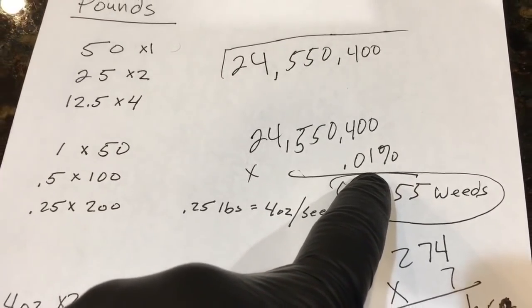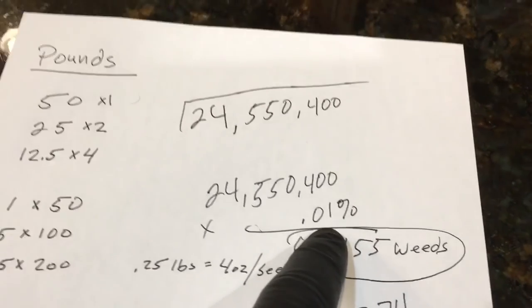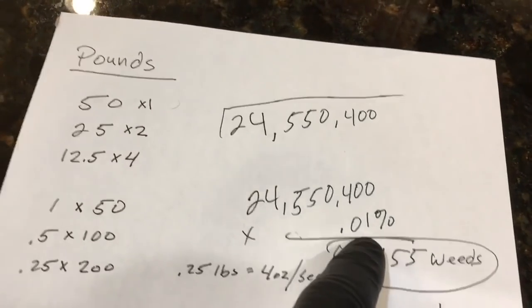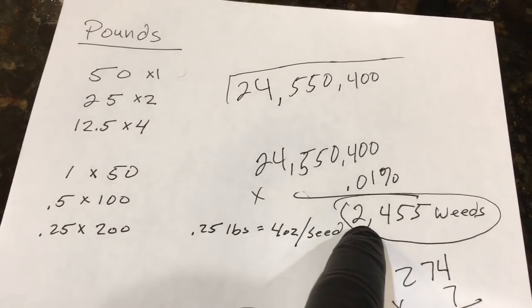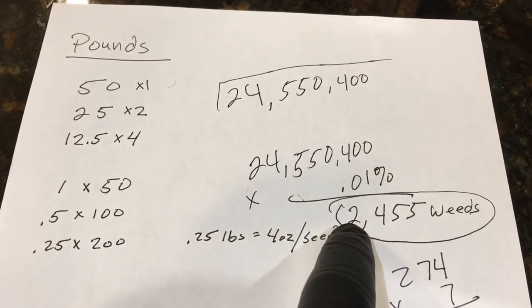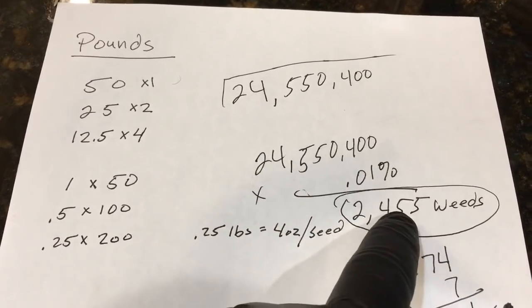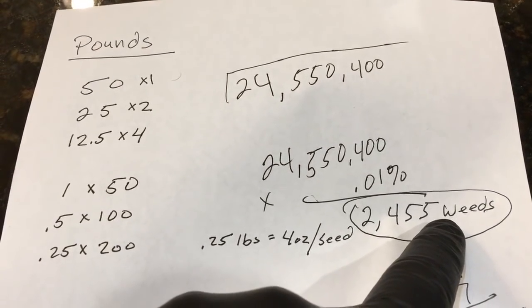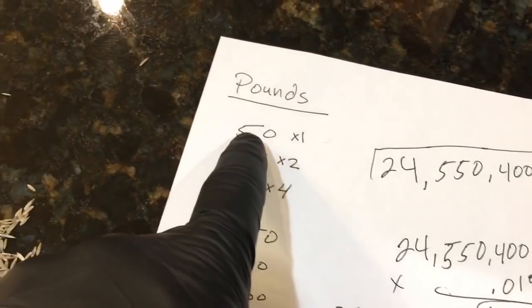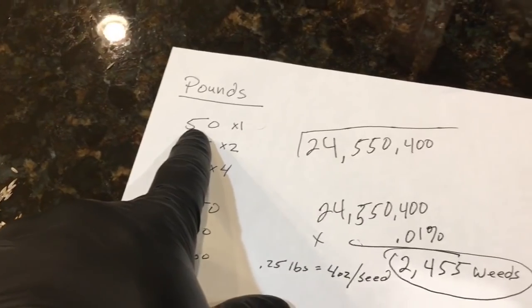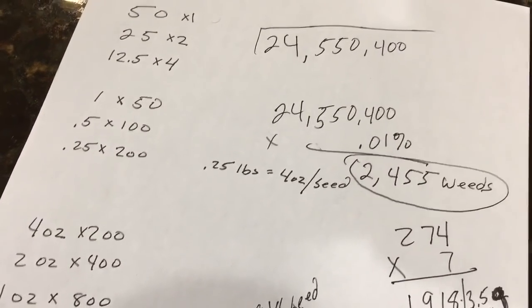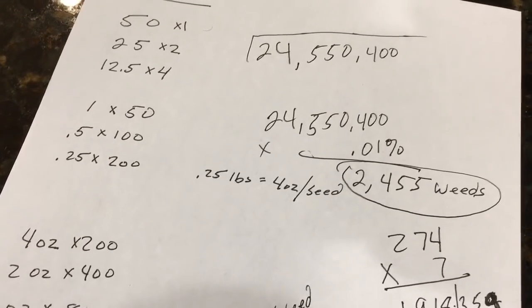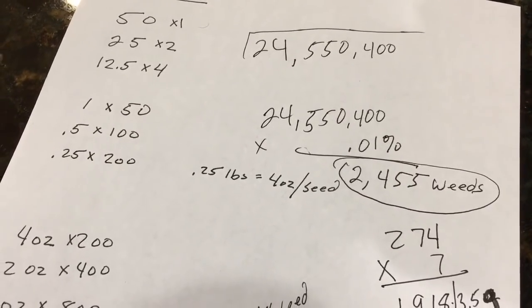That is an incredibly low number. It's usually not 0.01. It's usually around 0.03, 0.04, somewhat. That means you just put 22,455 weeds per 50-pound bag of seed. That's how many weeds you're putting in your yard. Man, sure does pay to buy good quality grass seed.